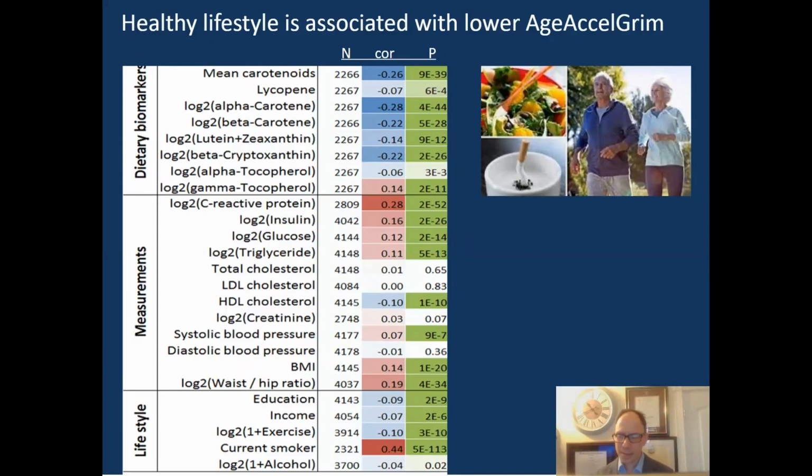And that's a little bit by design because the GrimAge clock involves cytosines that change a lot with smoking. In general, anything related to metabolic syndrome, obesity, insulin levels, and so on are associated with faster GrimAge. So to summarize that all, you want to lead a healthy lifestyle in order to slow your epigenetic aging clock.